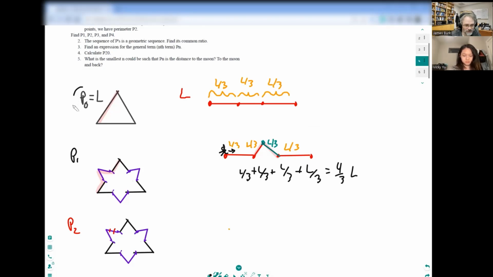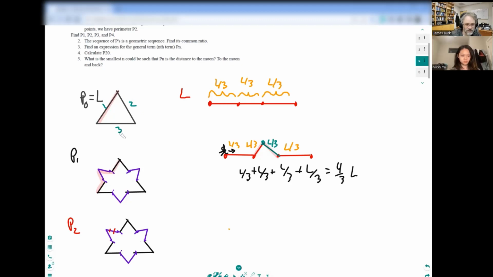Remember we designated as P naught? That was the length of the whole entire triangle. And then as we keep creating our fractal, our interesting snowflake, I take the total length and I chop it up. Now, I'm just going to do this in stages. I'll do it like stage 1, stage 2, stage 3. As I take this and chop it up over here, it's going to be 4/3 of this length.